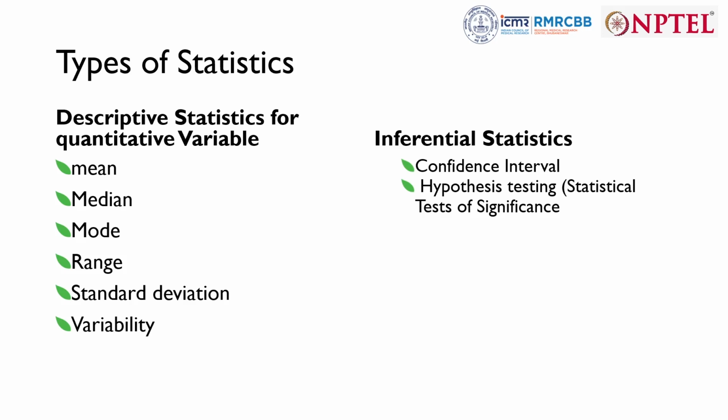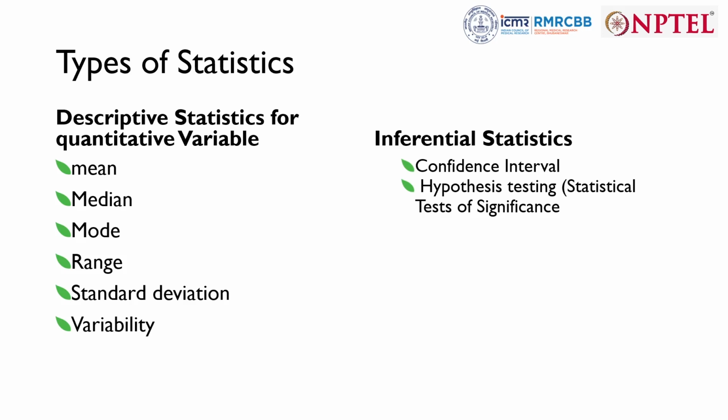For the quantitative variable, the descriptive statistics are generally the mean, median or mode. These are the central tendency, the central values. The mean is the simple average of the values of the distribution, the median is the central value, and the mode is the most frequently occurring value in the distribution.